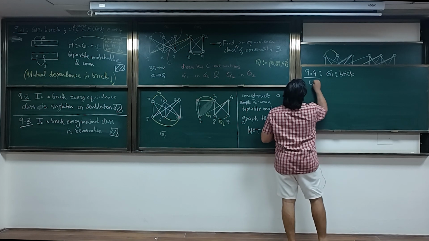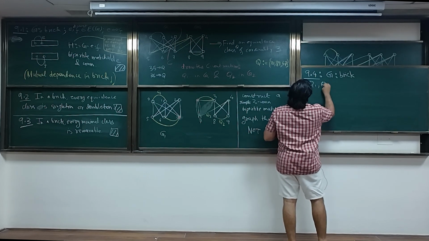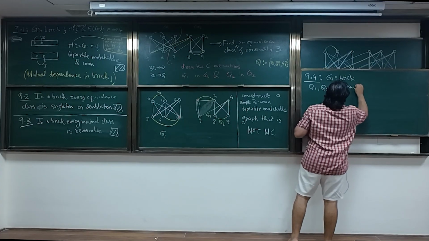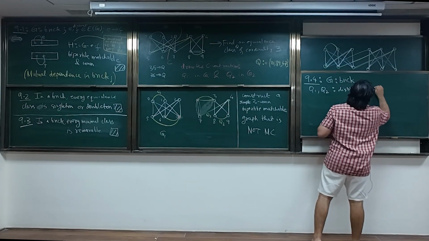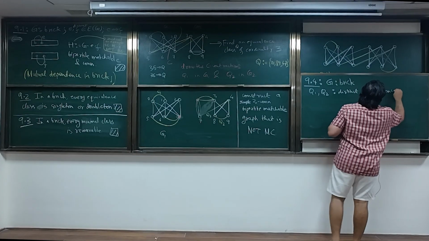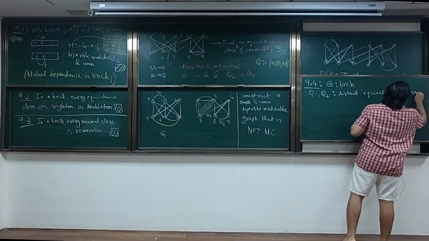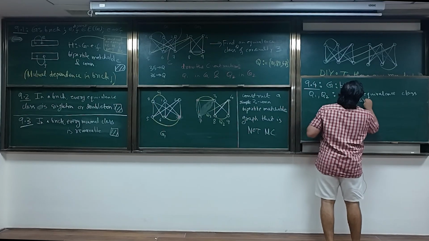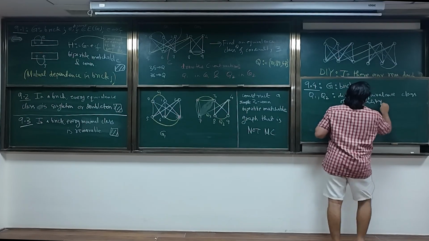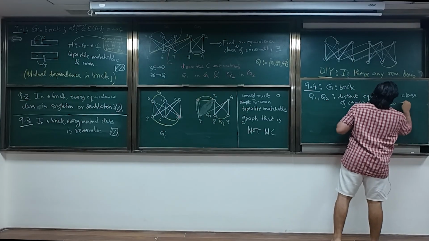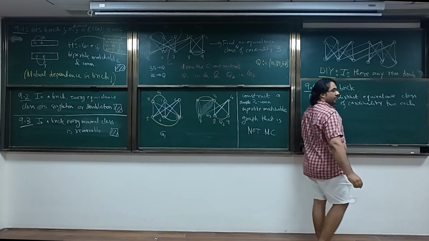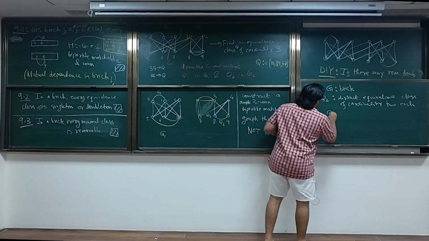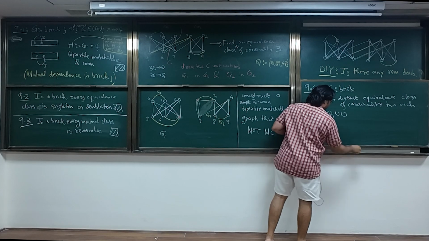Supposing I tell you that Q1 and Q2 are distinct equivalence classes of cardinality 2, then what can you say about this set?